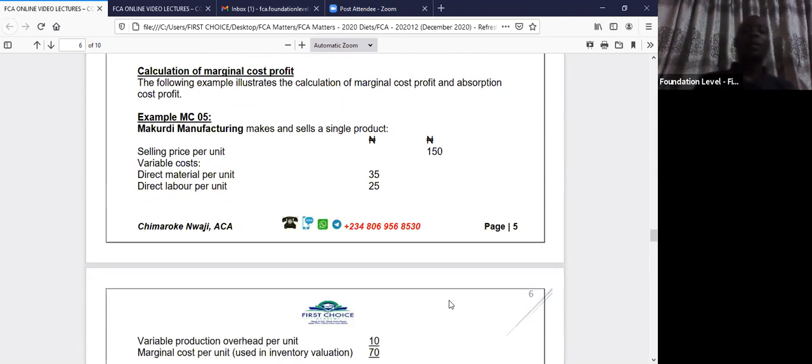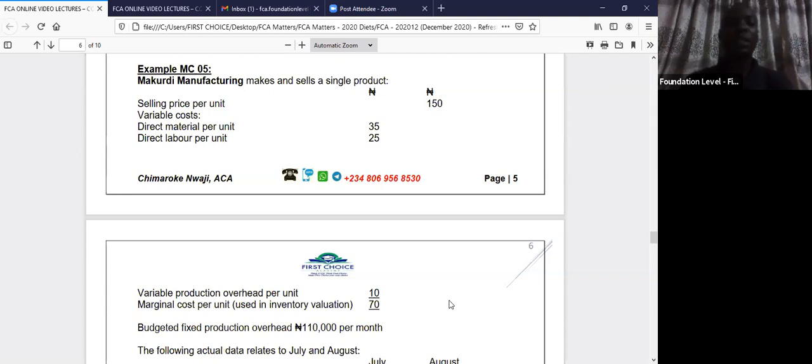Then, now look at this example, MC05. Let's take a question now. Makurdi Manufacturing makes and sells a single product. This single product has a selling price of 150 naira.